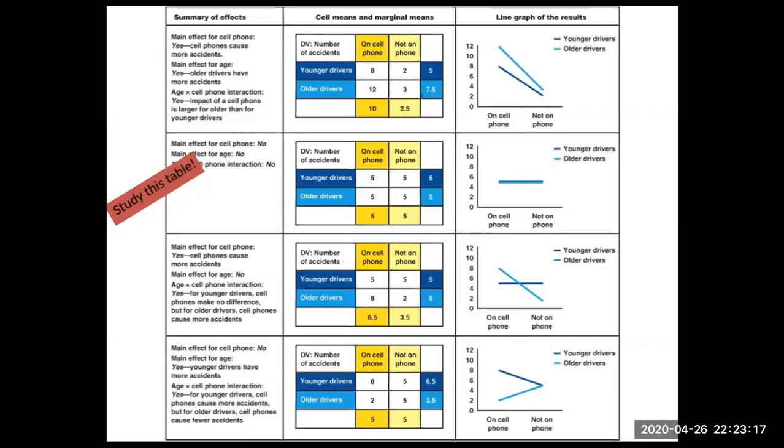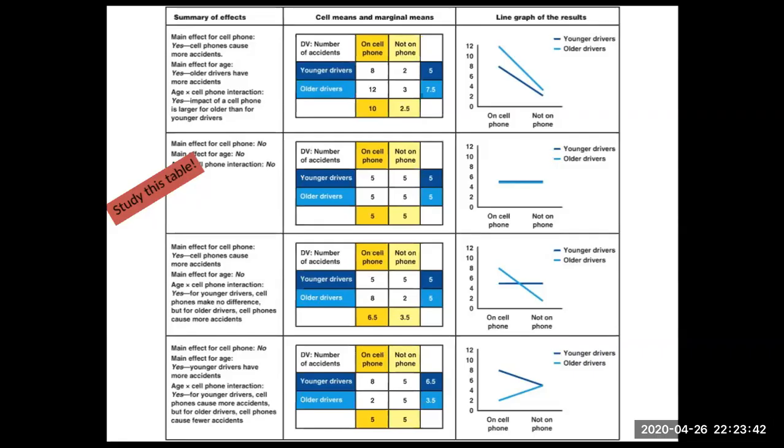And the impact of cell phone is larger for older drivers in this case than younger drivers. If we wanted to use the simple cells, 8 minus 2 is 6, 12 minus 3 is 9. 6 and 9 are different enough from each other in number of accidents. If you were to go down instead of across, 8 minus 12 is negative 4, 2 minus 3 is negative 1. Different enough if your measure is the number of accidents.